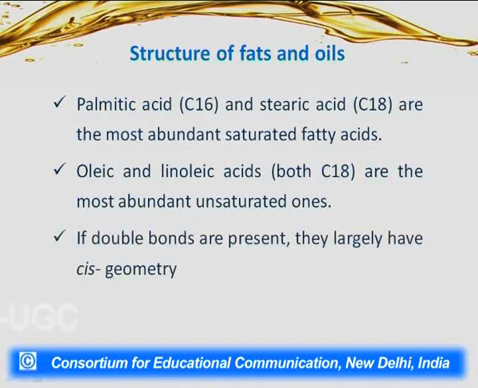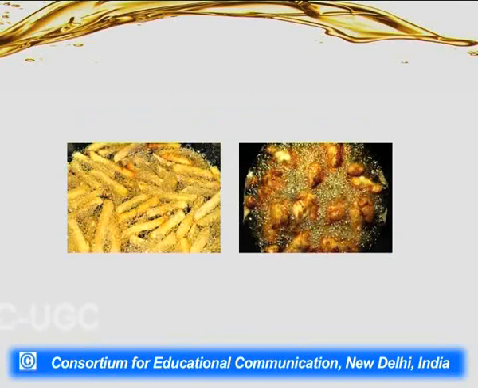Again, one more thing has been observed, that if double bonds are present, they largely have cis symmetry. That is, in nature, the oils which are there, the double bonds in them mostly have cis symmetry. Trans acids are not obtained from natural sources, but these acids can be converted into trans acids on heating.